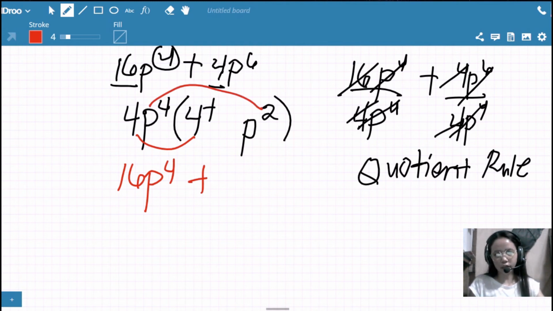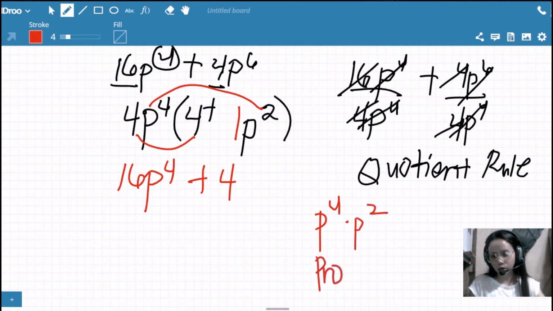So 4 times the imaginary 1 here, that is only 4, and then p raised to 4 times p raised to 2, following the product rule in the laws of exponent.